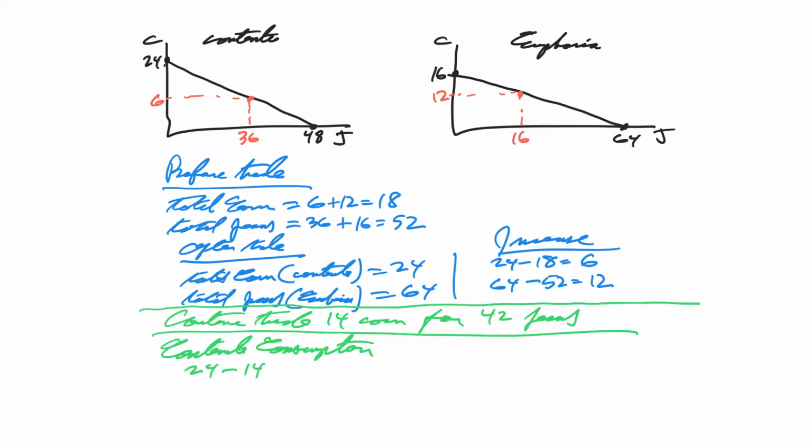They're trading away 14, so they are consuming 10 corn. And they're producing 0 jeans and getting back from trading the 42 jeans from Euphoria. So there's Contente's consumption. Euphoria's consumption.